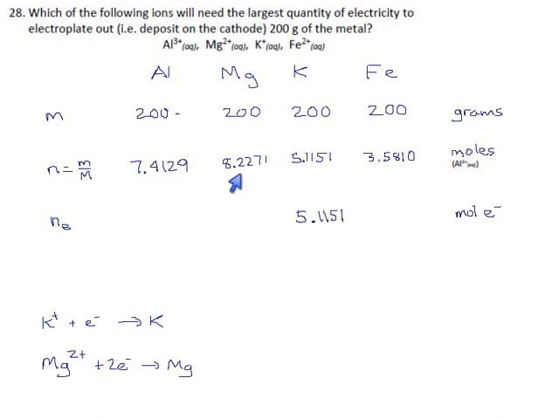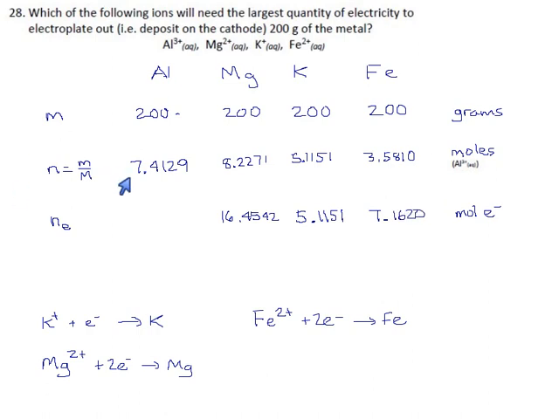So take your number of moles of magnesium and double it, and you get, what is that, 16.4542, I hope, moles of electrons. Iron is the same deal. It's also 2 to 1. Its reaction is iron 2+ plus 2 electrons reduces to iron metal. So double this also, and we get 7.1620.